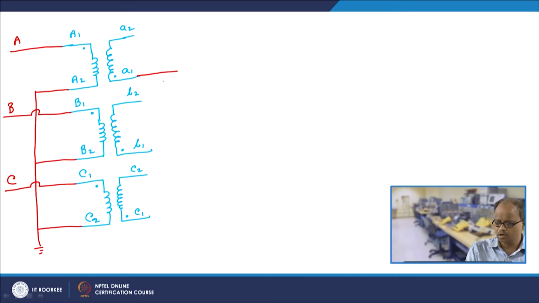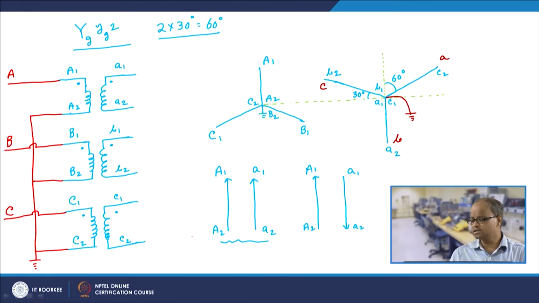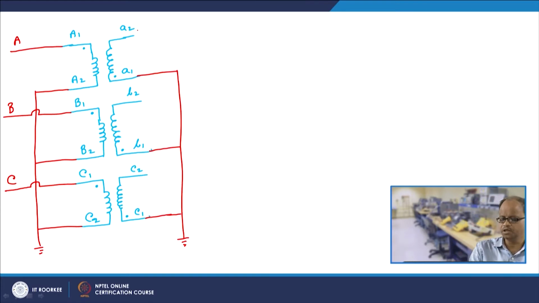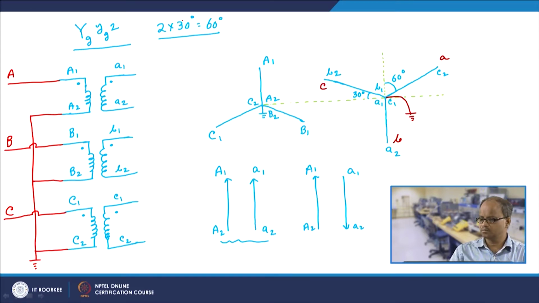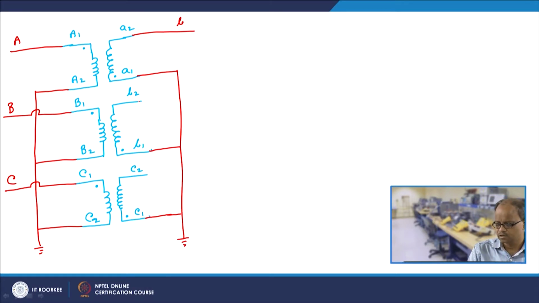So A1, B1 and C1 we are connecting together and grounding. Then A2 should be denoted as phase B. Then B2 should be denoted as phase C, and C2 should be denoted as phase A, right.